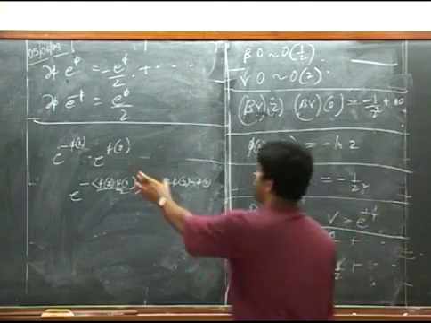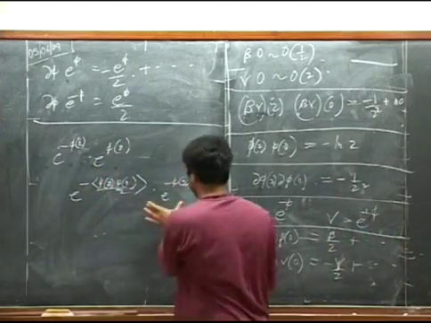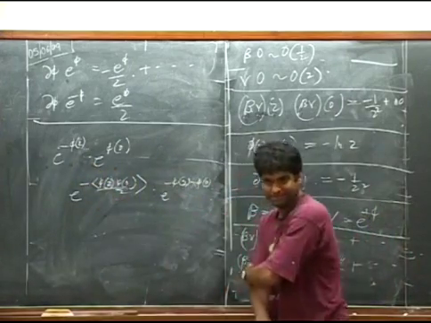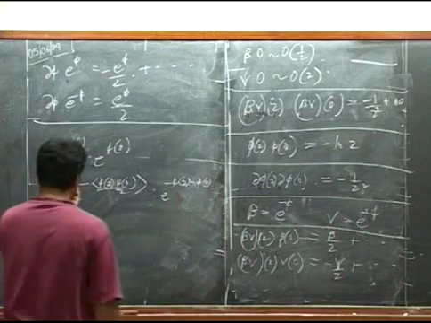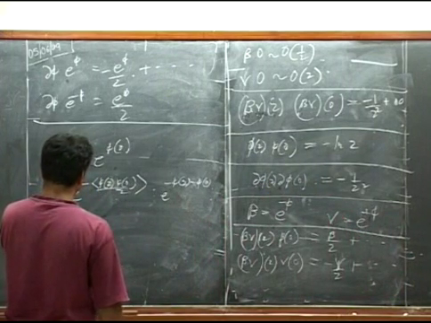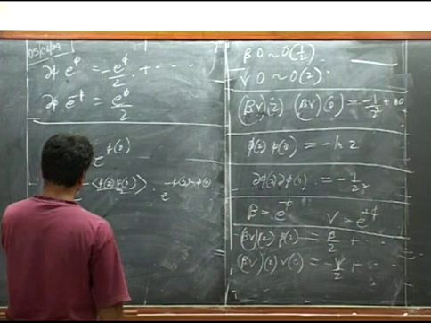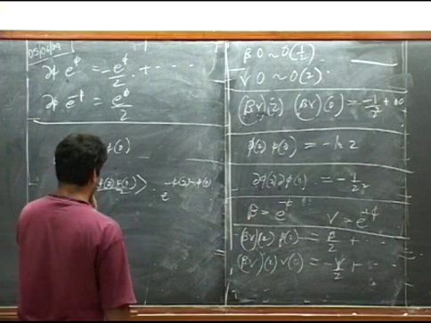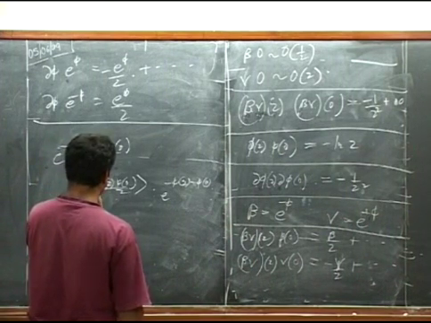Right, so this is a product of normal ordered operators, expressed in terms of something times a normal ordered product. Okay? Oh, the sign is not good, actually.